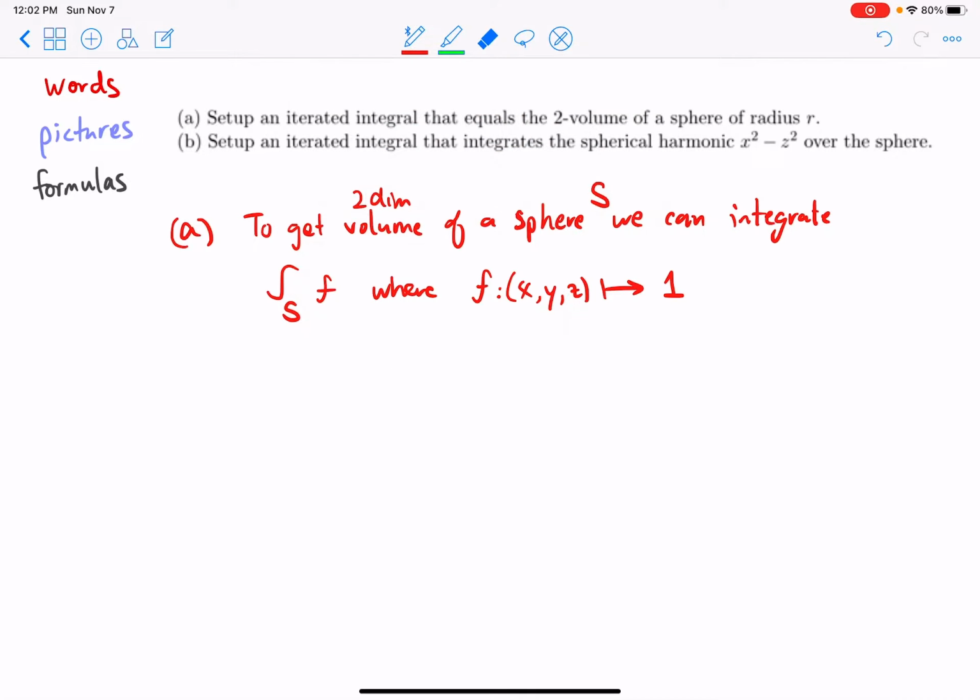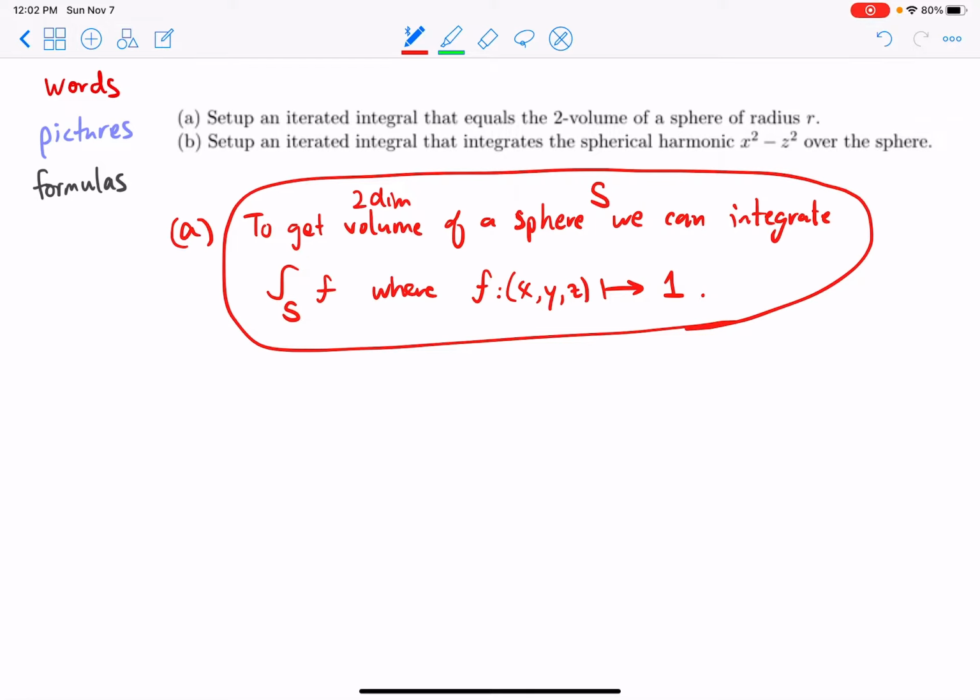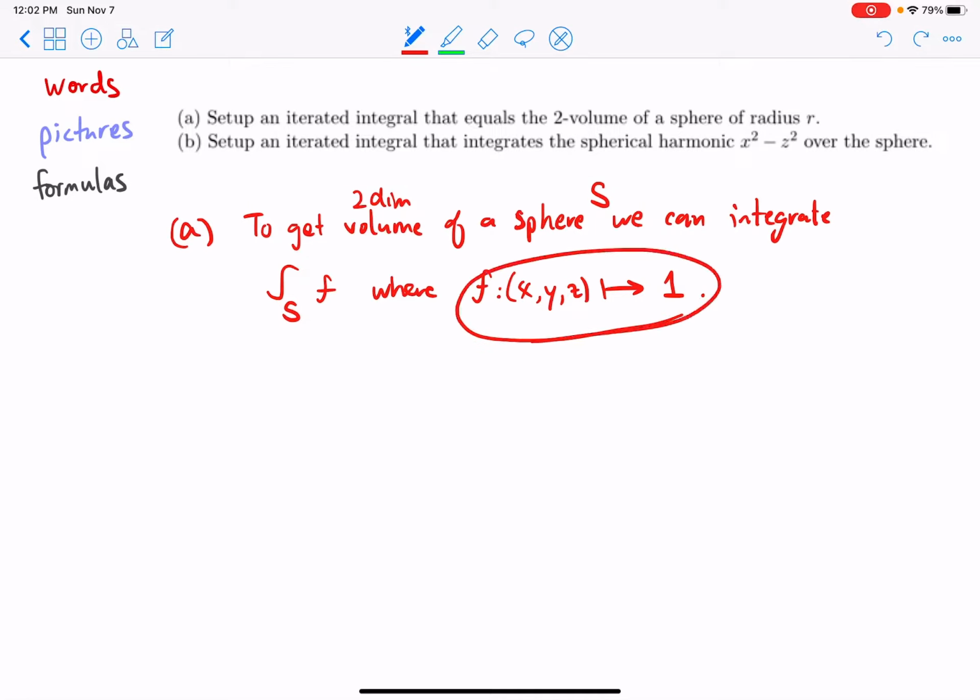Okay, so first thing in words, I just say, to get the volume, you just integrate the function that is constant and sends everything to 1. You could call this the function 1. Yeah, but this is what it is.